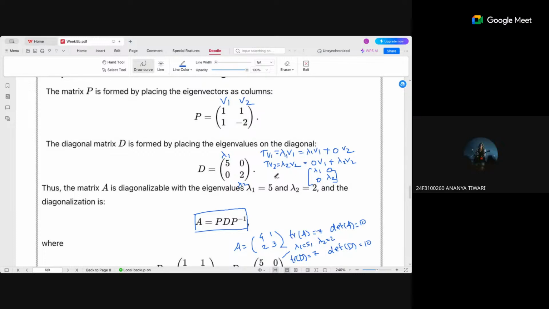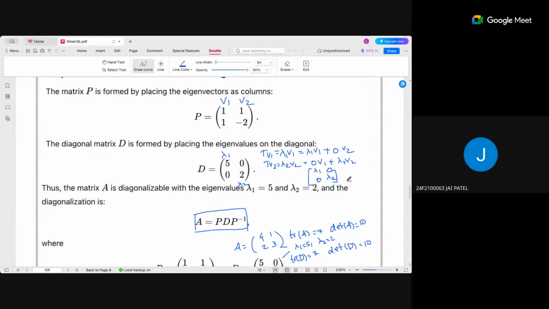It's more like we are finding it in canonical basis, but we are just multiplying by lambda 1 and lambda 2. No, we are not at all using canonical basis here. We have used the basis v1 and v2 only. We did not use canonical basis here.